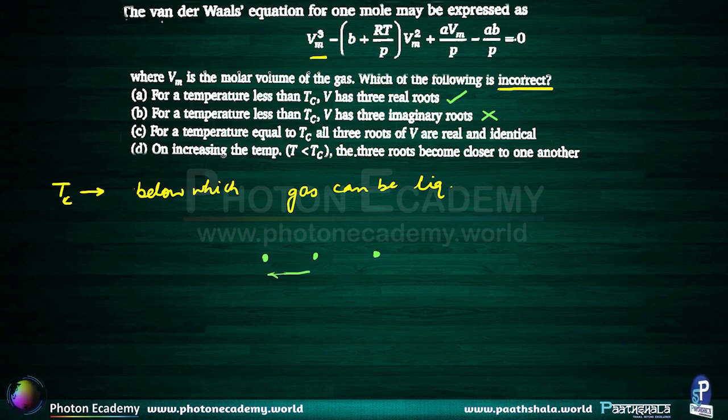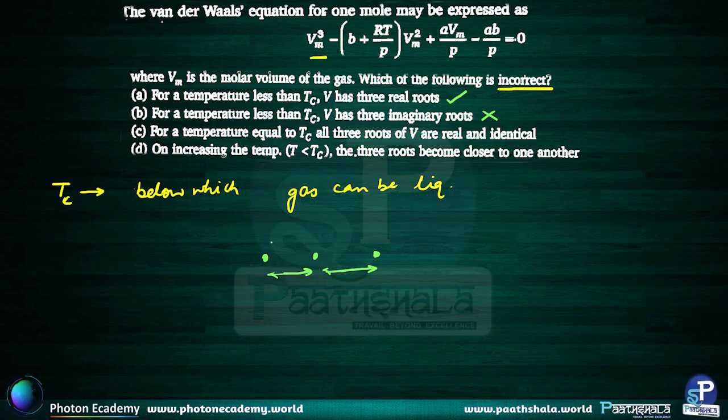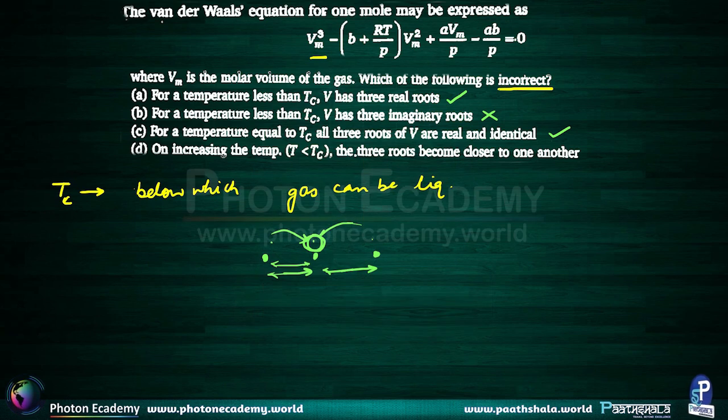Therefore, all the 3 phases, or we can say all the 3 roots of the equation, would converge to one point, which will be the volume at that particular temperature.